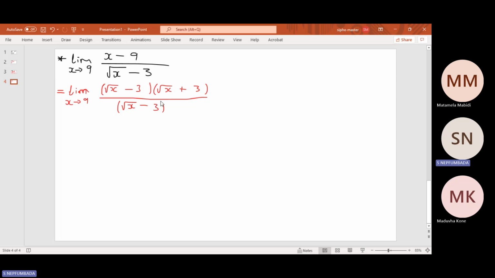Then you will see that this one and this one, they're going to cancel. You're left with the limit of x approaching 9 of the square root of x plus 3. Then this is nothing but the square root of 9 plus 3, which is 6.